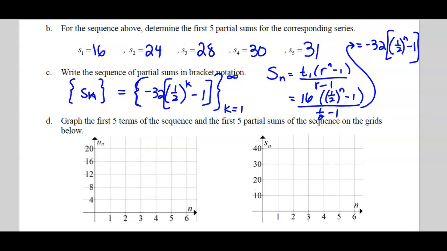Okay, and then do a quick graph. So sometimes we graph sequences and series. So n is always the horizontal. In this case, the term value is the vertical. In this case, the partial sums are the vertical. Don't connect them. They're discrete values. Discrete.